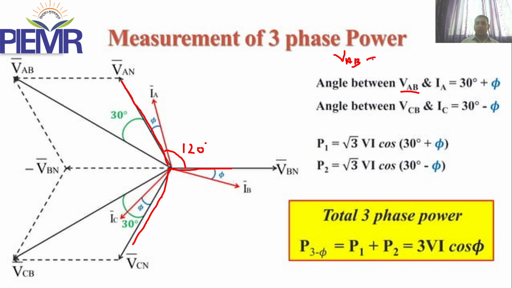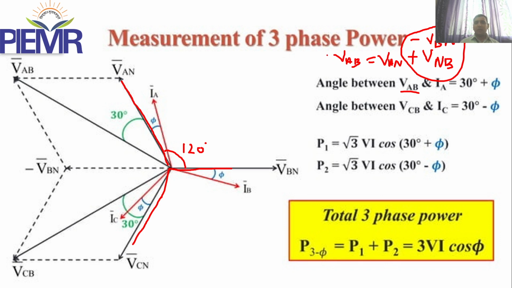VAB is equal to VAN plus VNB, or we can say it is VAN minus VBN. Whichever you prefer.